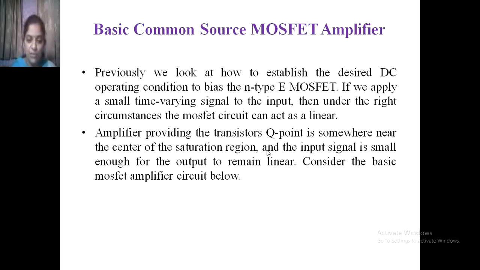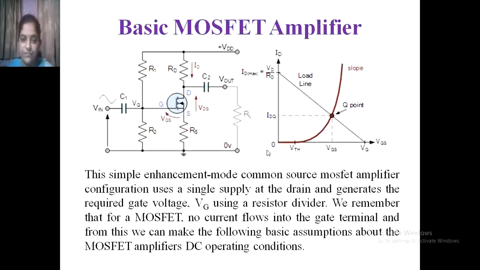Consider the basic MOSFET amplifier circuit below. So let us see the basic common source MOSFET amplifier. See here C1 and C2 are the coupling capacitors used for the input and output side. This is the basic MOSFET amplifier, which is N channel.